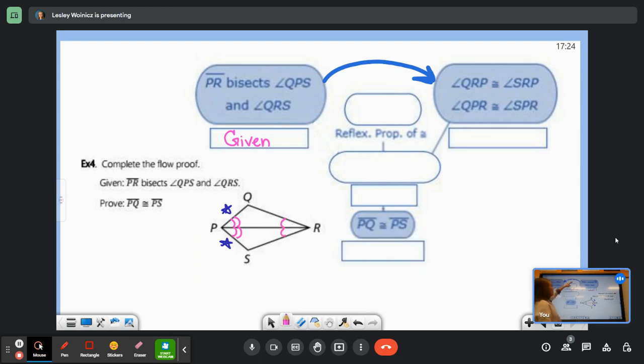Okay, so these little baby angles were made congruent to each other because of this bisector. That's the definition of angle bisector that did that.